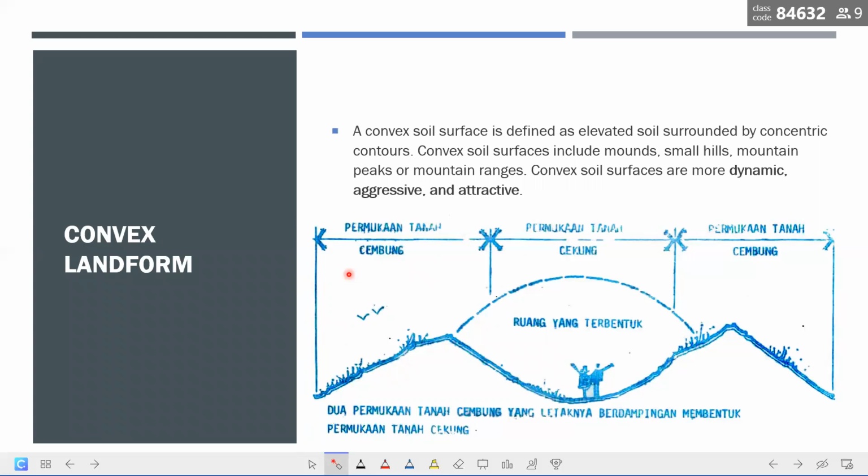Now, convex soil surfaces are more dynamic than flatlands because they can be more aggressive depending on the differences in elevation. They're also generally more attractive. And in some cases, places or spaces form naturally due to the geographical configuration.